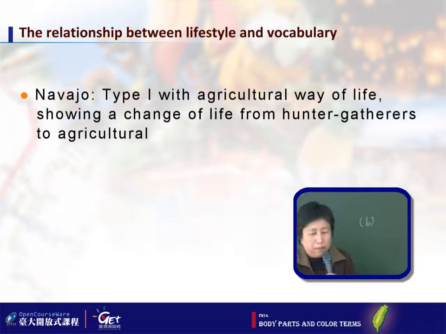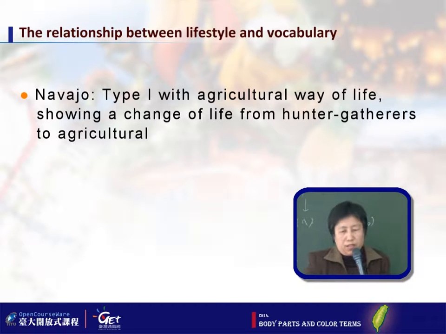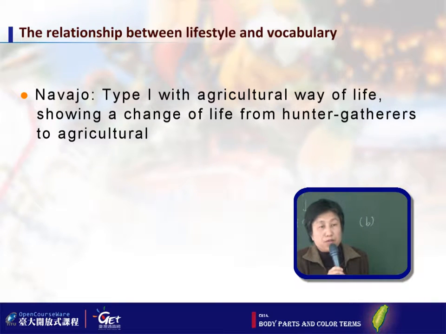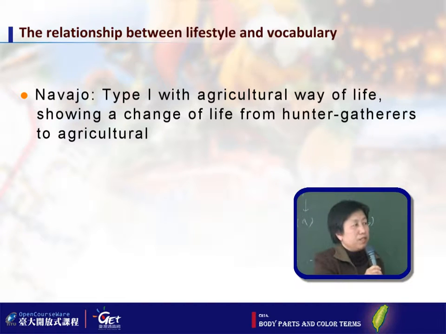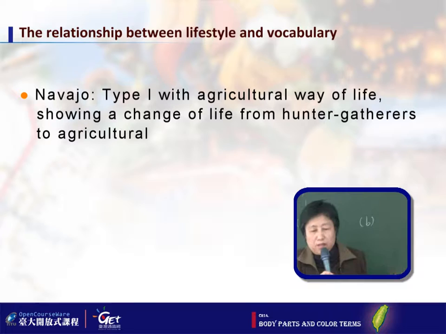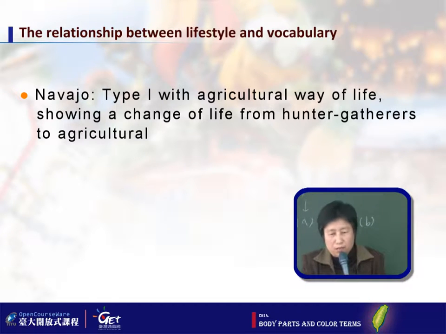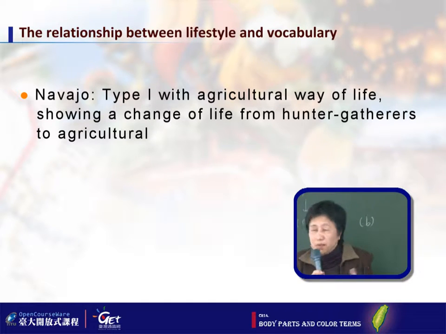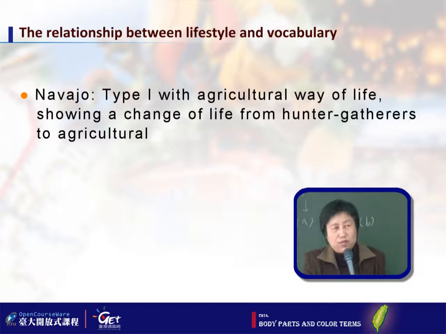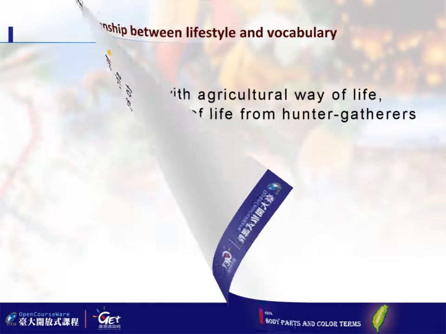But this actually shows that they have changed from hunter-gatherer to agriculture. So their language gives away that originally there was a hunter-gatherer society, but because of the new lifestyle, they've changed to an agricultural way of life. So we can look into the vocabulary and see the traces of history in the language.